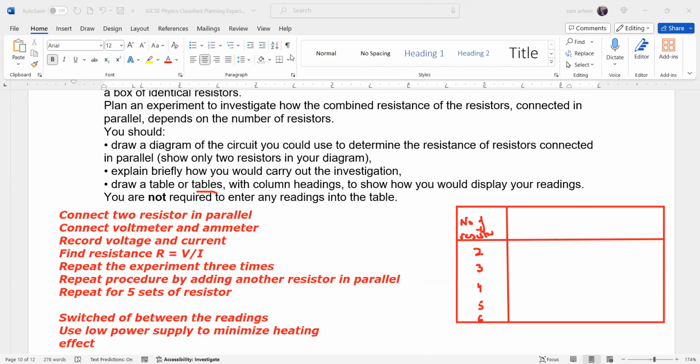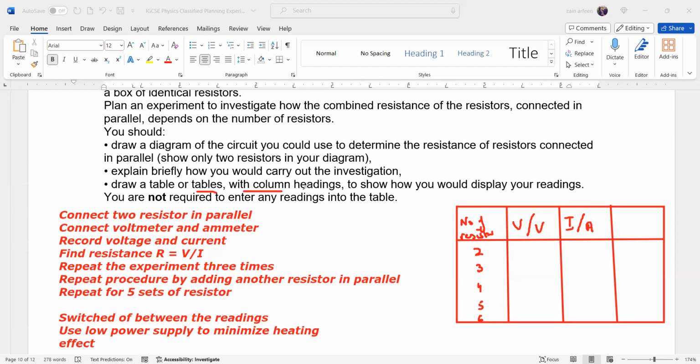So, number of resistors connected in parallel. Then what we are measuring is voltage. We are not supposed to write the complete word. We can just write capital V for voltage, then a slash and the unit of voltage, which is volt, also represented by V. Next we are measuring current, which is represented by I, and the unit of current is ampere.